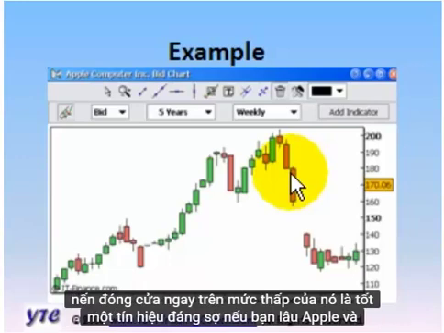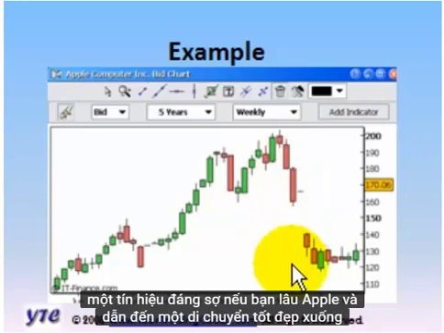A scary signal if you're long Apple, and leading into a nice move downwards.